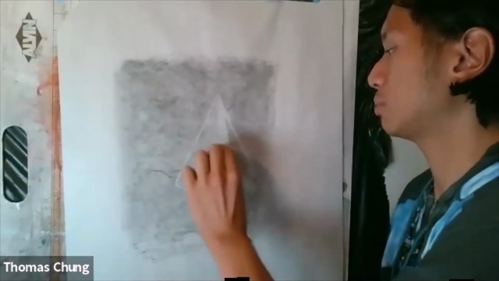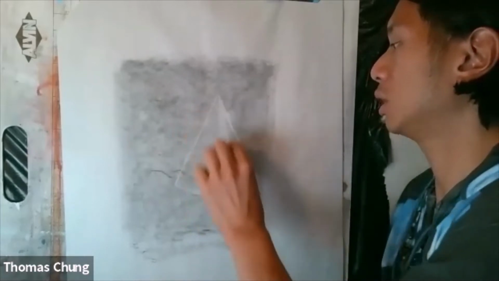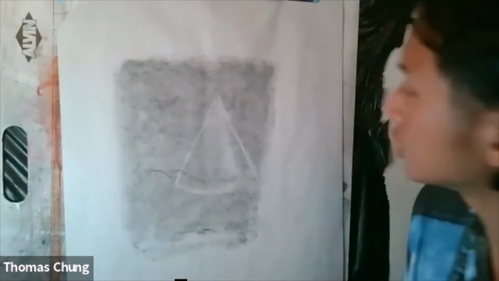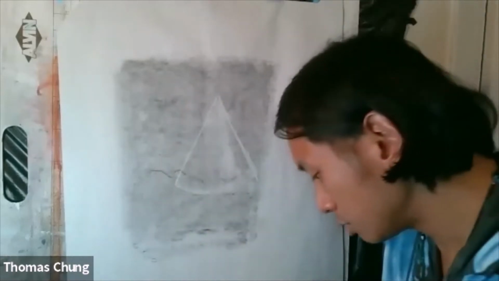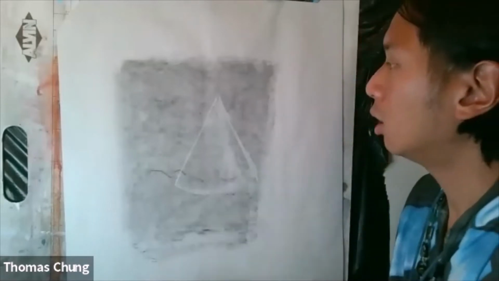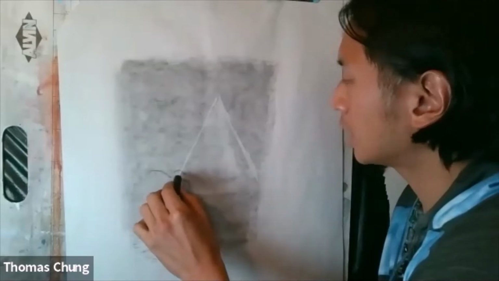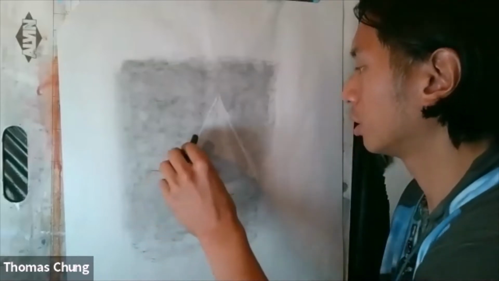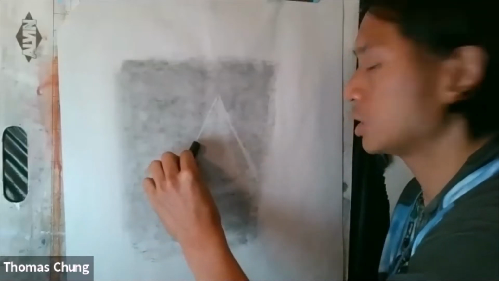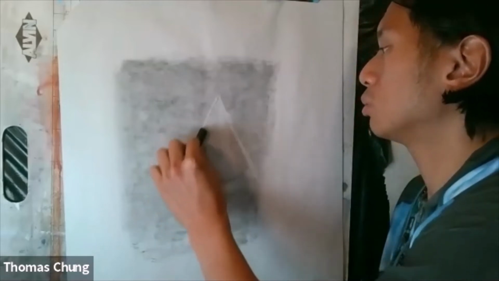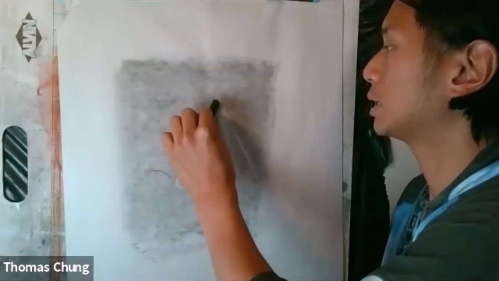I'm going to switch to my compressed charcoal and white charcoal now that I can commit a little bit more to this drawing. And one thing to keep in mind is that if you're going to jump materials, they don't always match. So you always want to pay attention to that.